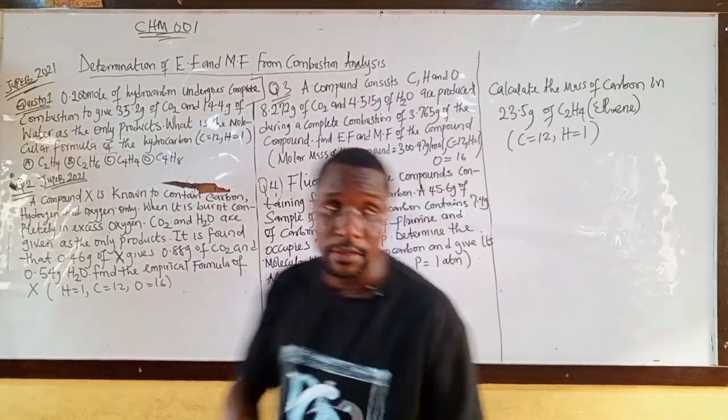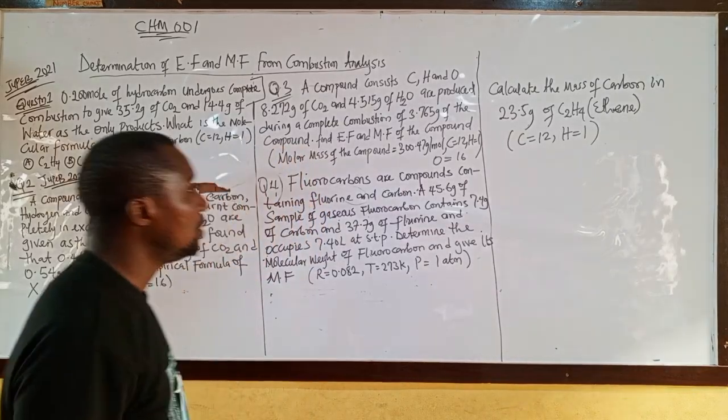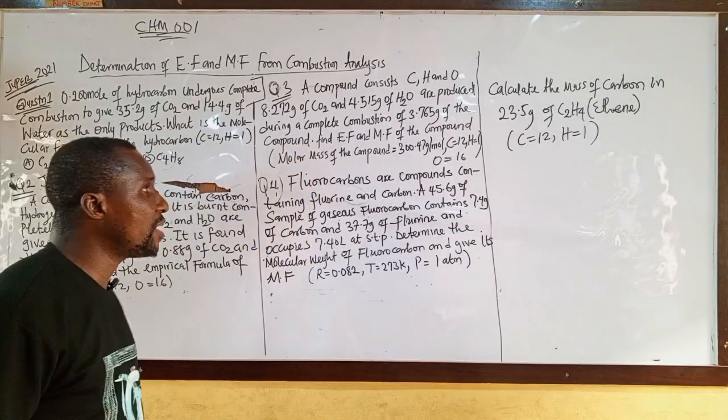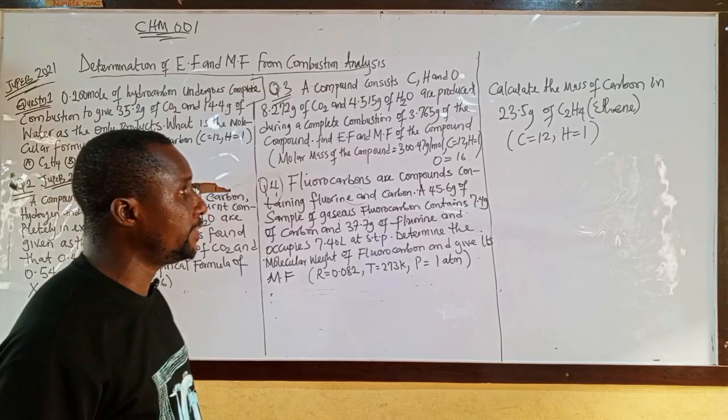Calculate the mass of carbon in 23.5 grams of C2H4, that is 18.